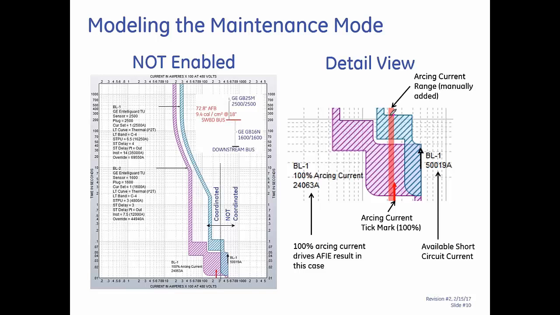Because the range of arcing current is cleared at the same time, whether you're on the low side or the high side, the higher arcing current value at this clearing time produces the higher incident energy result, 9.4 calories per centimeter squared in this case. Then that's the point, the 100% value that drives it. So in this case, the 85% point does not produce the higher incident energy, that point right here.